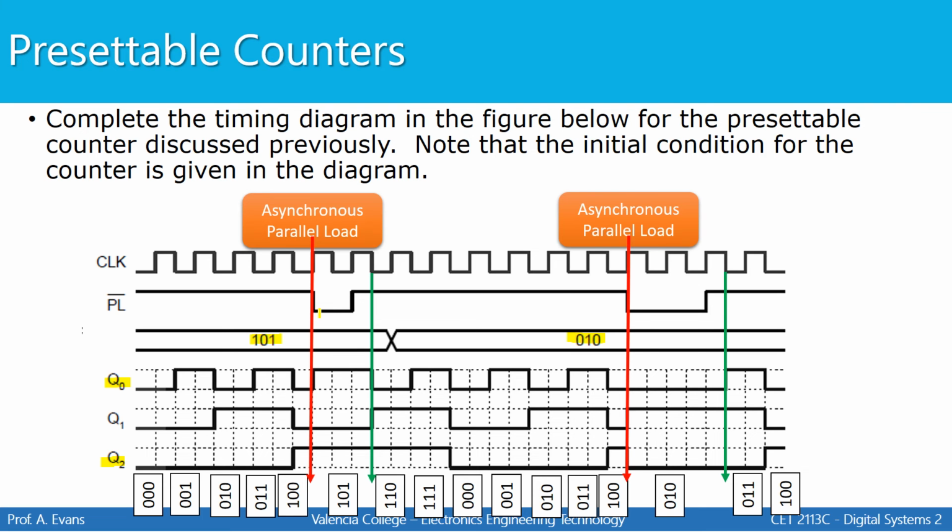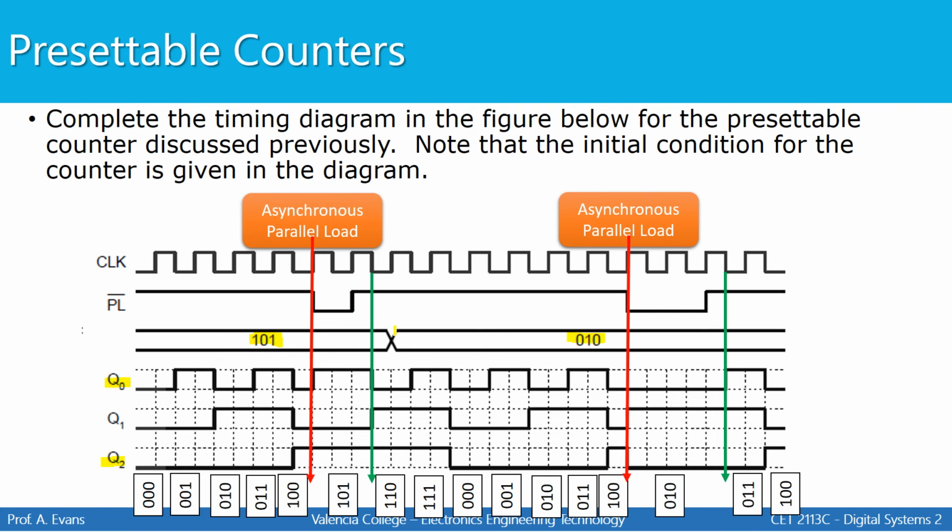Remember to identify where your asynchronous parallel loads occur, and then identify when it will begin to count again after that point. Once you've identified those critical points, you'll use the data given here to know what to load. And basically, when you see that there's an asynchronous parallel load, it's whatever that data is at that point that you'll load.